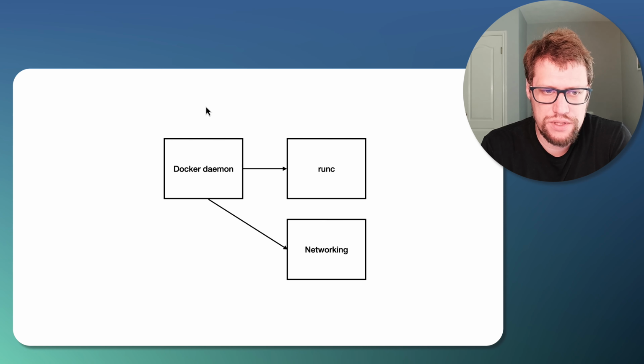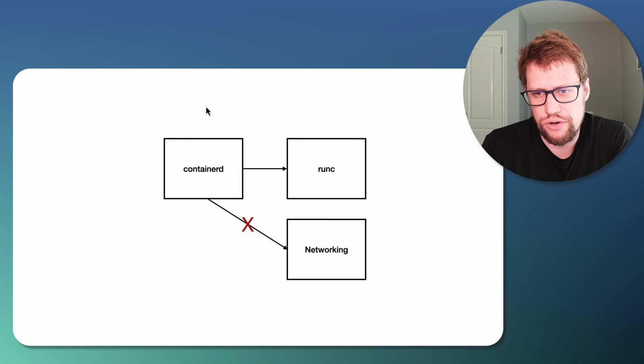Now, the big difference is that the Docker daemon can actually communicate with runc and can also do your networking. Containerd is not really responsible for networking right now. So containerd has been built just as a lifecycle management tool for containers. So it will use a certain runtime, for example, runc or other runtimes.